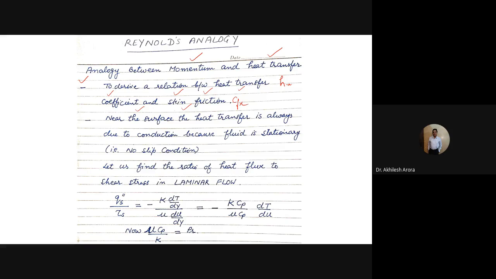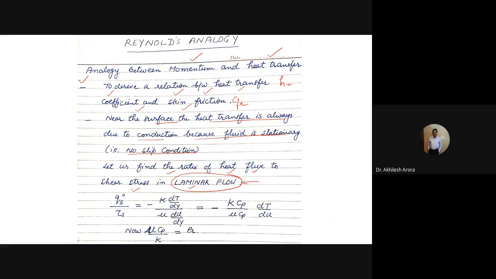Now, whenever we take a surface, near the surface the heat transfer is always due to conduction because the fluid is stationary, because of the no slip condition. So near the surface, we can find the ratio of heat flux to the shear stress in laminar flow. It is very important to understand that this derivation is for laminar flow.